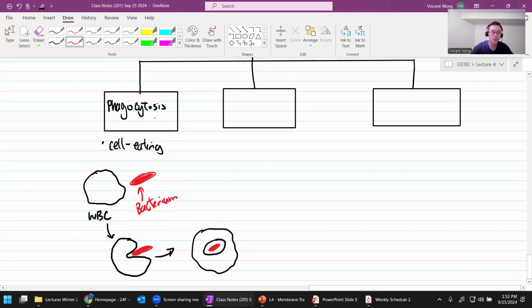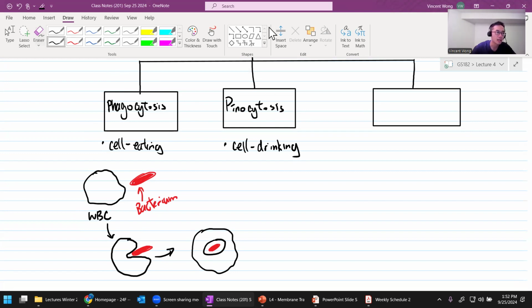Okay, so that's phagocytosis. Well, if there is cell eating, you probably guess there must be cell drinking, right? Cell drinking. And it's called pinocytosis. Okay, phagocytosis for eating, pinocytosis for drinking. Right? The difference between cell eating and cell drinking is in pinocytosis, you are bringing in mostly liquid rather than particles.